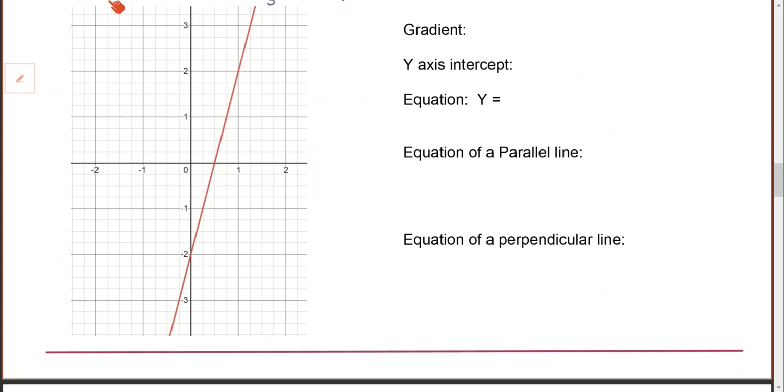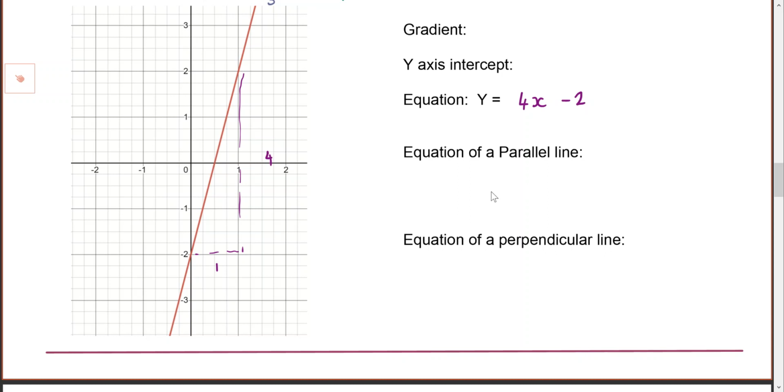So the equation of this line, I'm not going to do the intercept axis, I'm just going to go straight to the equation so you can check. This one is, well, the run is 1, the rise is 4, so it's y equals 4x minus 2, yeah?